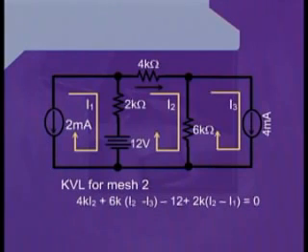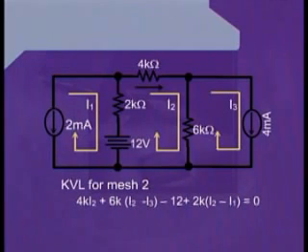Therefore, we can write the voltage across 2 kilo ohm resistance as plus 2k into I2 minus I1. Now, we have reached at the starting point of the loop. Therefore, we can equate all these terms to 0.